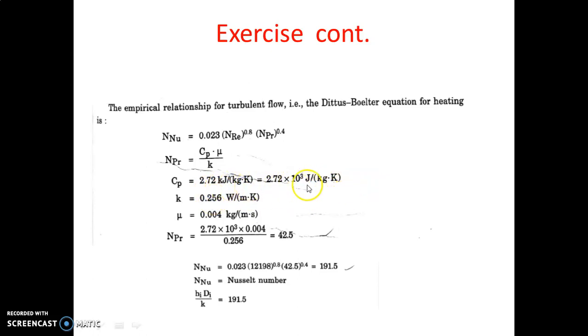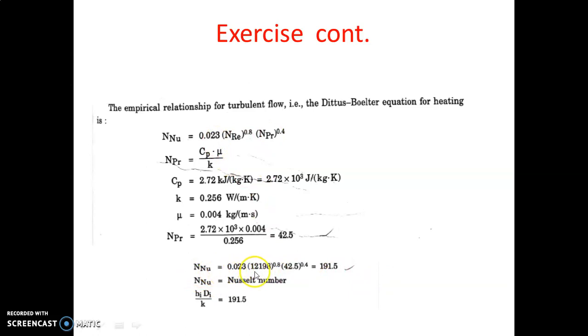So multiply by 10 to the power 3, we get this value in joules per kg Kelvin. Then K, the thermal conductivity of the fluid, is given. Mu, the viscosity, is also given. So put all these values in this equation, we obtain Prandtl number equal to 42.5.